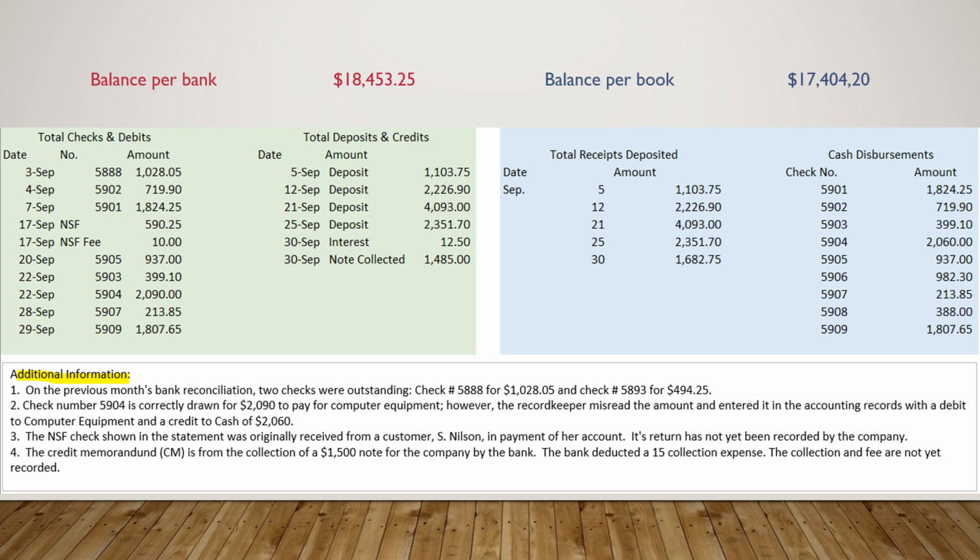The first item tells us that on the previous month's bank recon, check numbers 5888 and 5893 were outstanding. Combine that information with that of our bank statement and general ledger, and we can decipher our outstanding checks.